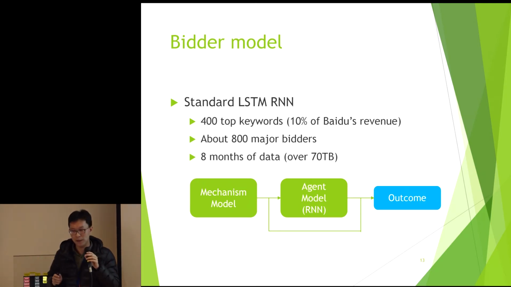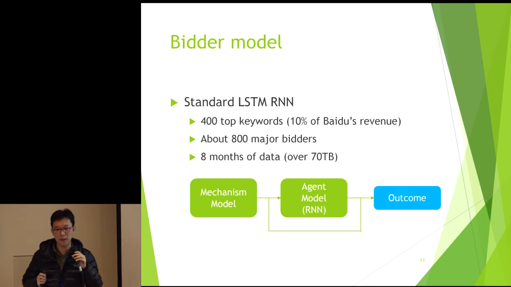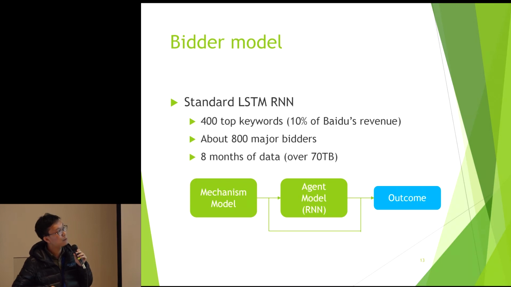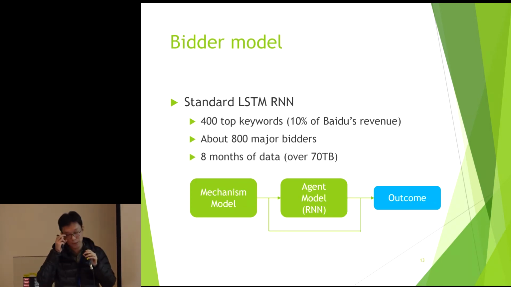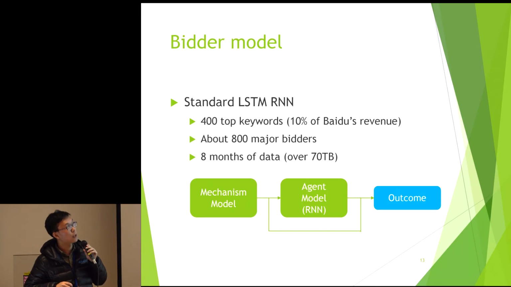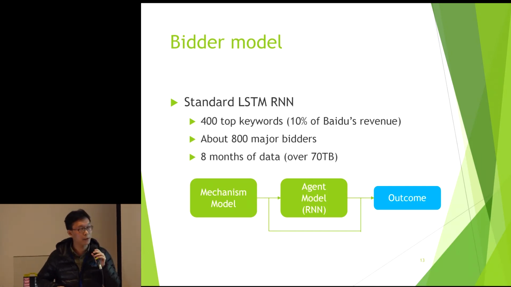Baidu has millions of different keywords, and these 400 keywords contribute almost 10% of Baidu's total revenue. There are about 800 major bidders that are interested in these top keywords. We extracted about 8 months of data in order to train this RNN.